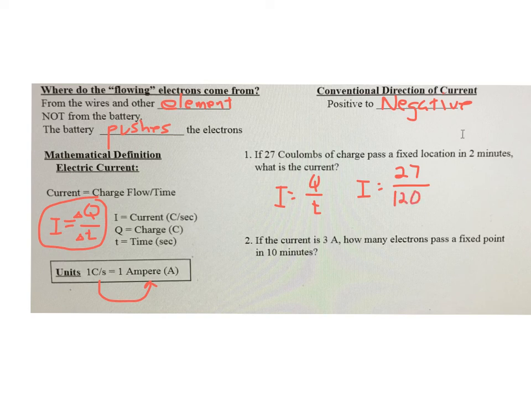So we have 27 coulombs in 120 seconds, and that comes out to be 0.225. I'm going to round to 2 sig figs: 0.23 coulombs per second, but a coulomb per second is called an amp. I'll write it out this time, but sometimes you can just put an A there.